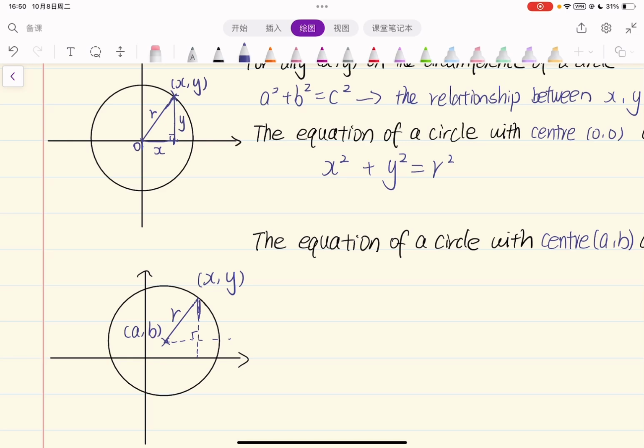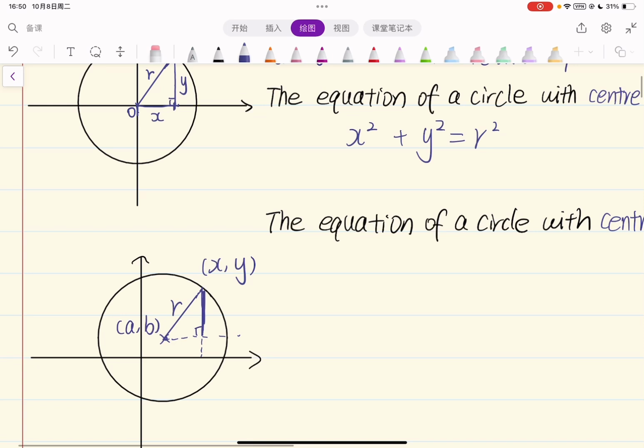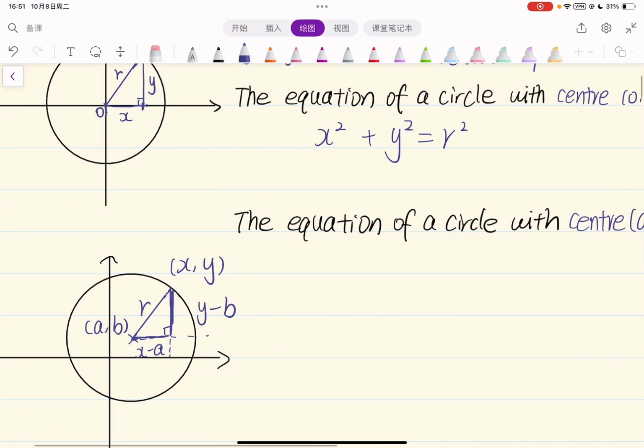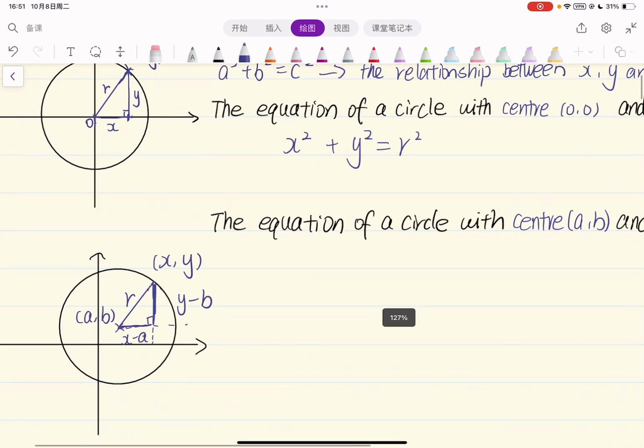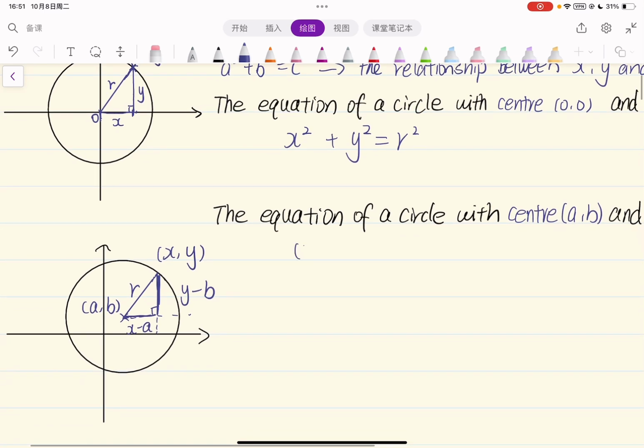The vertical distance is y minus b, and here is x minus a. So we can write the equation of a circle to be x minus a squared plus y minus b squared equals r squared.